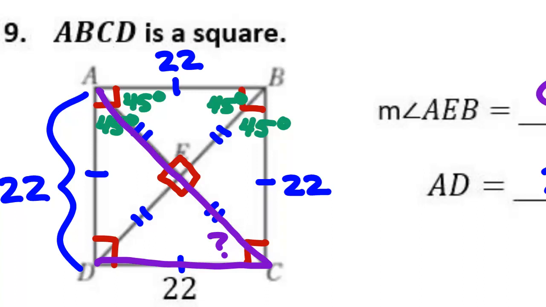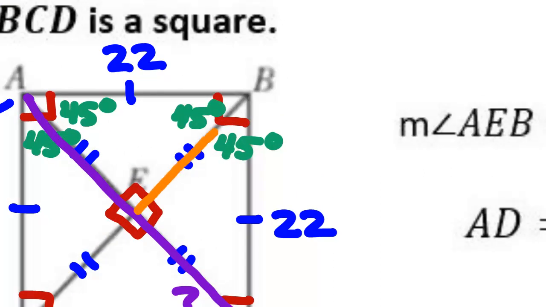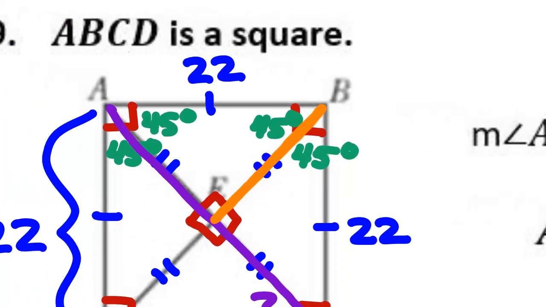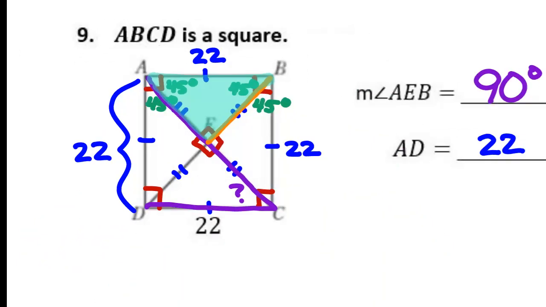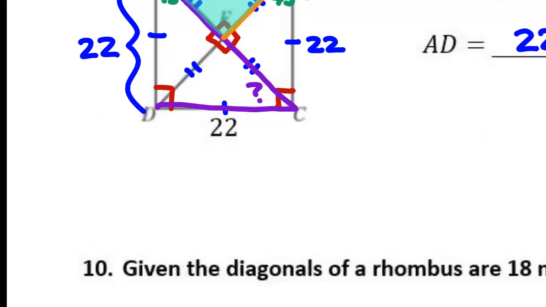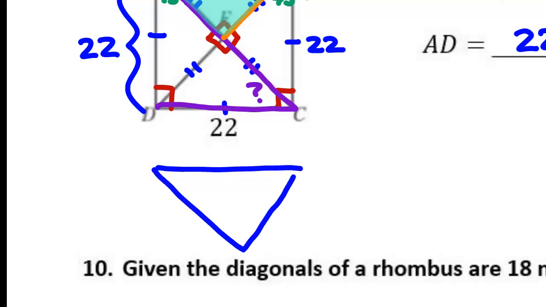Next, we want to find EB, this segment right here. So I'm going to look at this triangle here. I'm actually going to go ahead and redraw it off to the side. What type of a triangle is that?